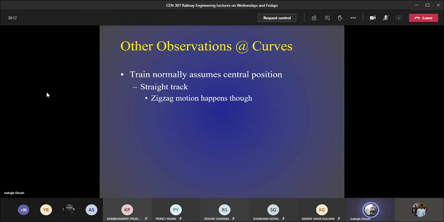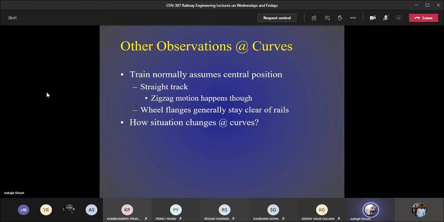So when a train travels along a straight line, because of the coning of wheel, the train tries to come to a central position, though we know that zigzag motion happens. There is a term called nosing action when the wheel flange touches the head of the rail. That's why there is wear and tear. Because of the coning of wheel, this thing happens.